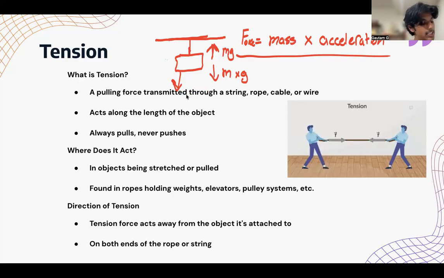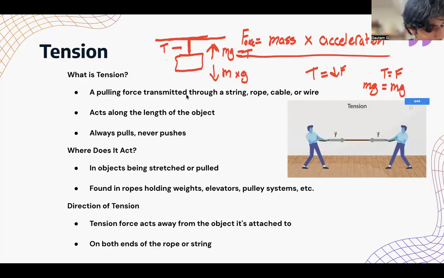So the upwards force is equal to the downwards force, and this upwards one is called the tension in the string. Tension's also technically a force, and then there's a downwards force of mg as well. So in this case, the tension is equal to mg, but in the opposite direction.